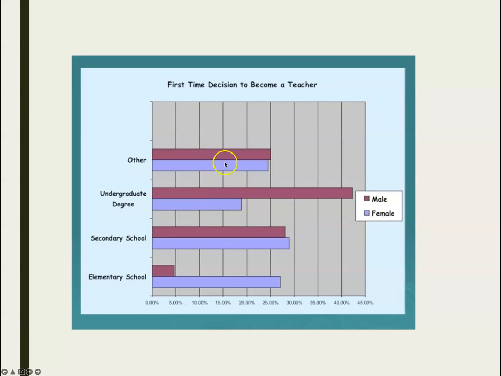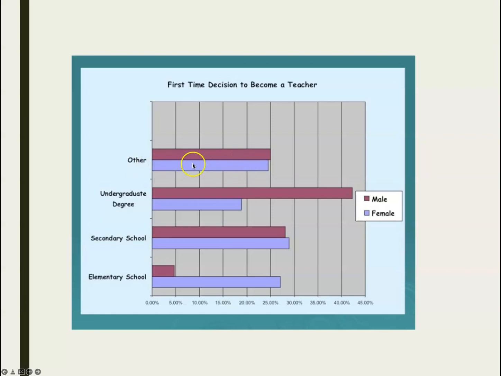And then others, we asked questions that they could fill out in this category, and in some cases it was because people were waiting for their children to be at a certain age before they actually decided to become a teacher. They became interested in children because they had children and that sort of thing.